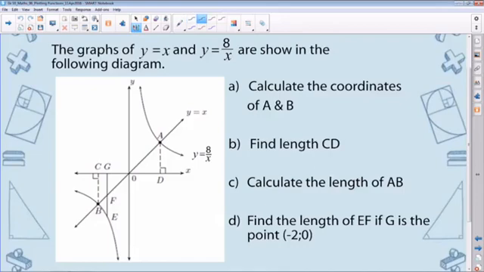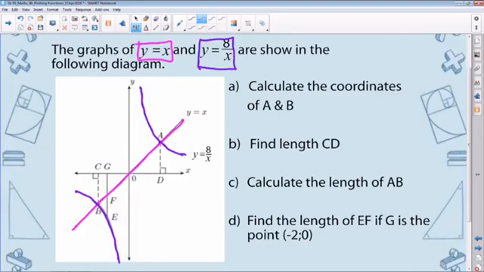So we have y is equal to x, there it is. And then we've got these funny curly ones, which you might have already done in class, there and over there. And those two are linked to y is equal to 8 over x. It's a hyperbola. It's just the straight line in pink and the hyperbola in purple.